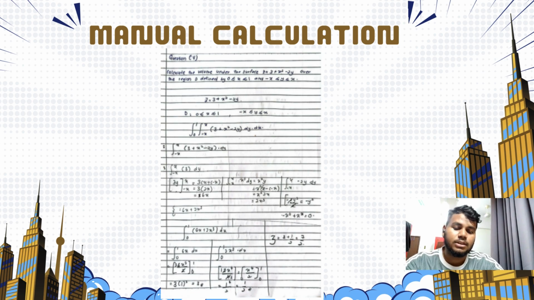In the manual calculation, we use the double integral method. So we convert the values that we get from the question to double integral form, that is integral from 0 to 1 and integral from minus x to x of bracket 3x plus x squared minus y squared dy dx. For the double integral, we need to take dy as the second integral.